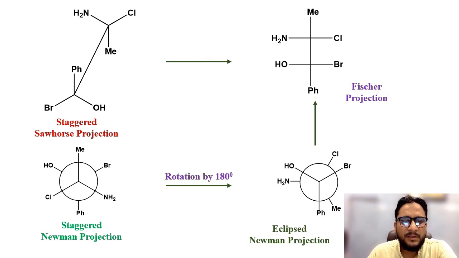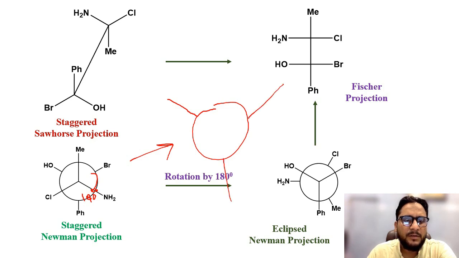For converting Newman form to Fischer form, because it is already written in this form, what we do is rotate the front carbon by 180 degrees without disturbing the back carbon. So when we rotate the front carbon without touching the back carbon, the groups will remain the same.